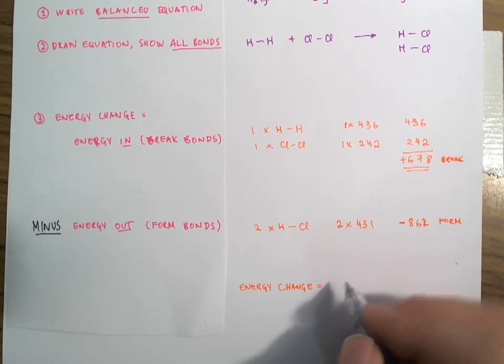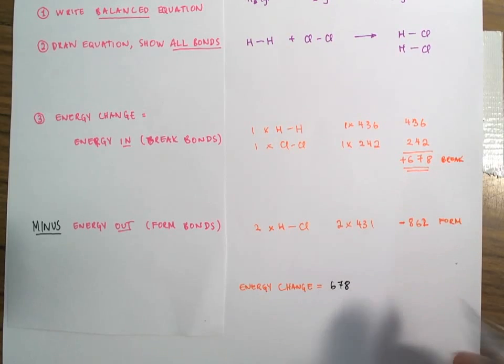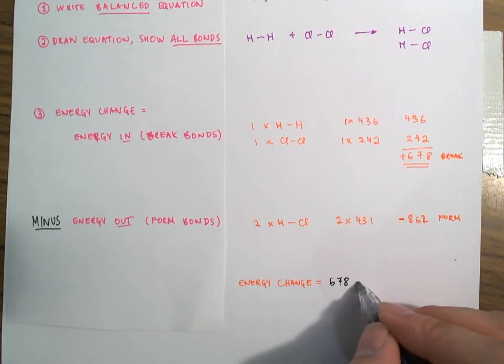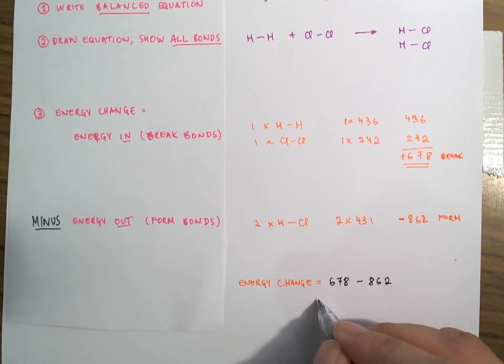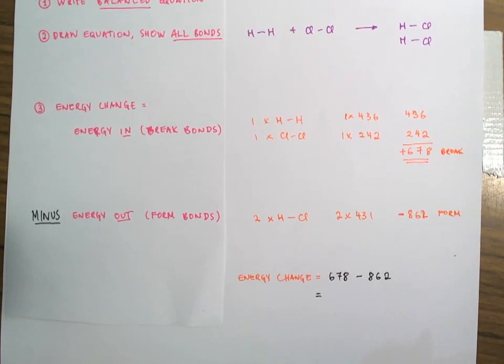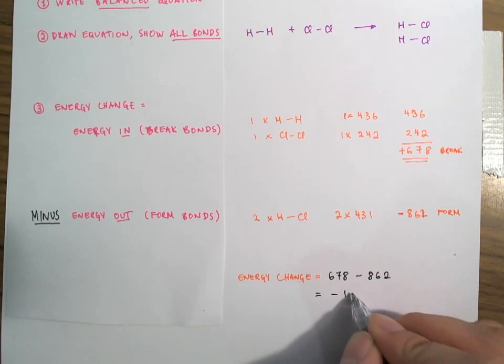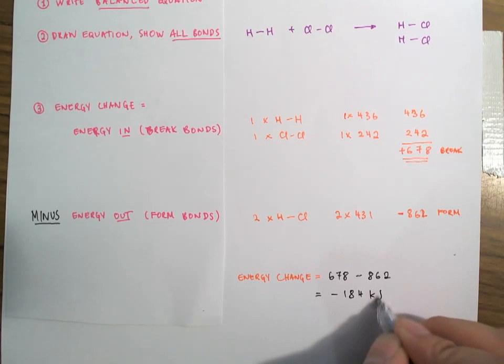So breaking is 678 and forming was 862. Therefore, I have an overall change of minus 184 kilojoules of energy in this reaction.